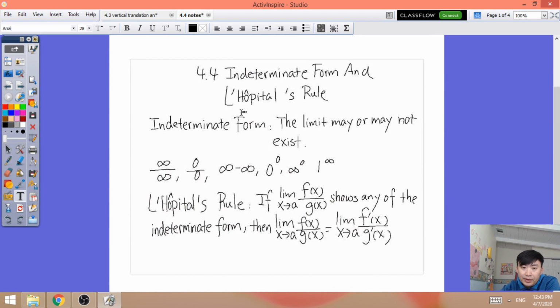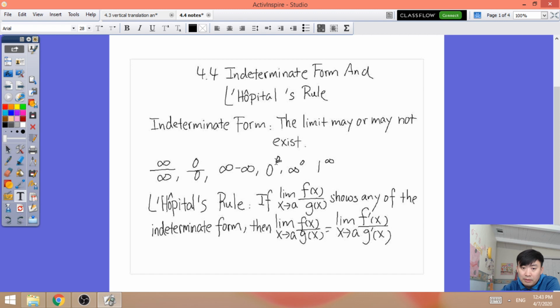So here's the one: indeterminate form and L'Hopital's rule. Indeterminate form means the limit may or may not exist. Anytime that you plug in a value of x for the limit, sometimes you'll see the form is infinity over infinity, 0 over 0, infinity minus infinity, or 0 to the 0 power.